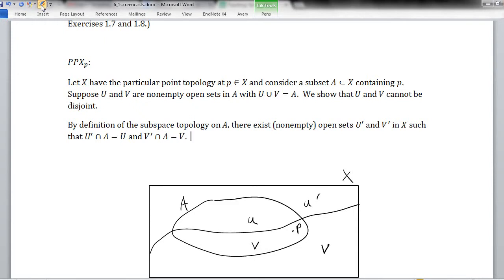Let me add that prime on. Okay, V prime in X, open in X, and such that V prime intersect A is V.